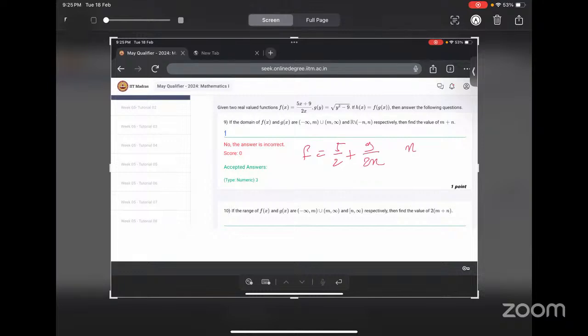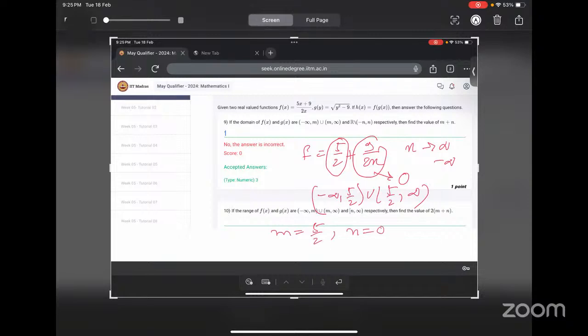So when x is going towards infinity or minus infinity, this goes towards 0, right? But exactly 5 by 2 we will not get, right? The range will be minus infinity to 5 by 2 union 5 by 2 to infinity, right? So the value of m will be 5 by 2 and the value of n will be 0, right? At point 3 we can find 0, right?